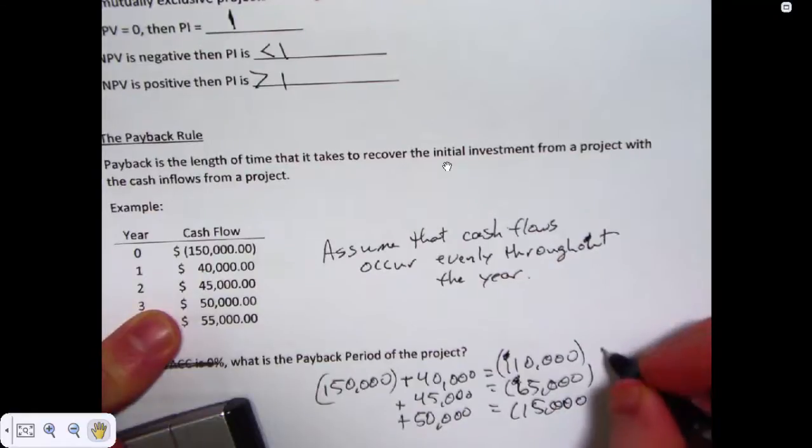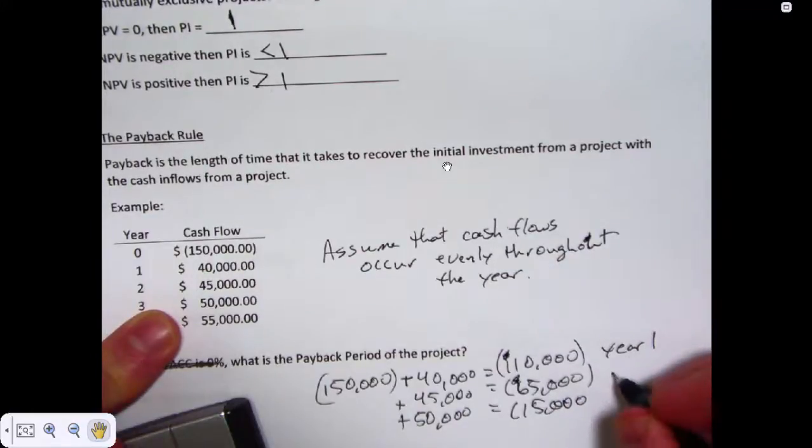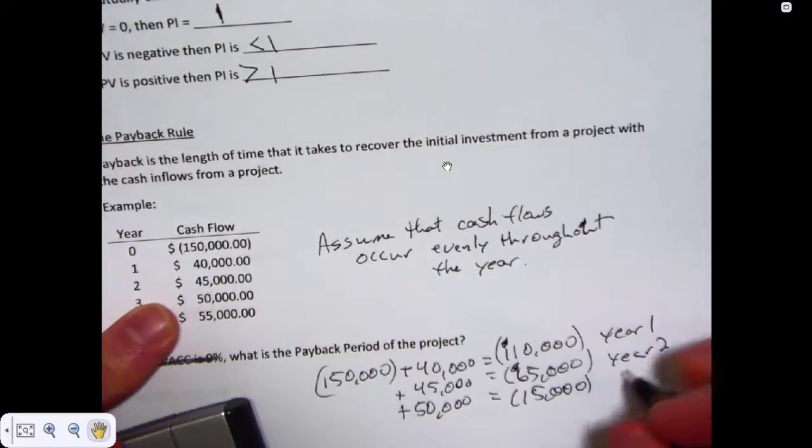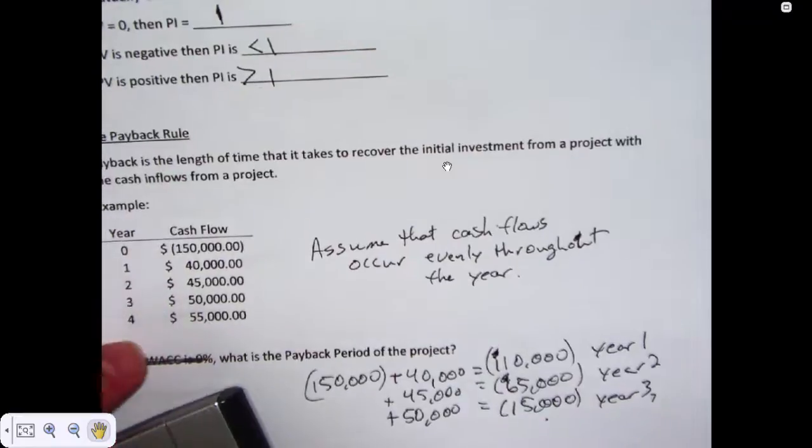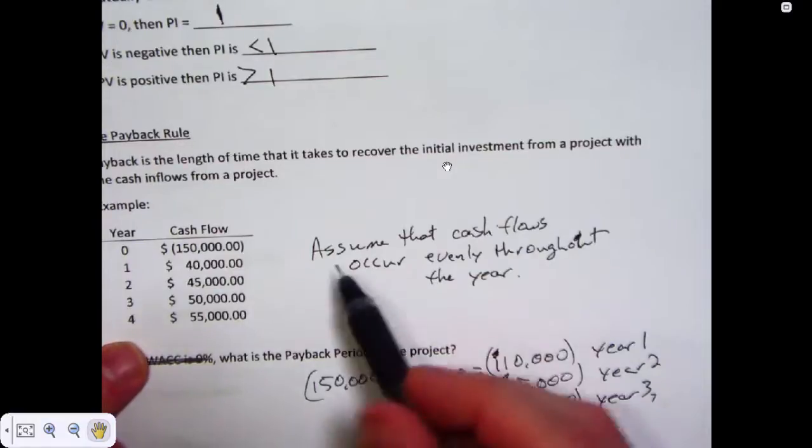Okay. So at the end of year 3, we only have 15,000 left to pay back, but in year 4, we expect to receive cash flows of 55,000. So what we want to do here, again, we're assuming that cash flows occur evenly throughout the year. We're going to say, well, there's going to be a partial year for that last year. So we take the $15,000 that's left.